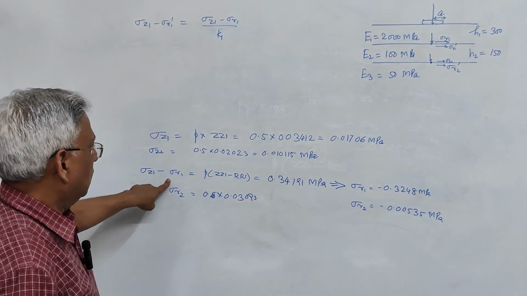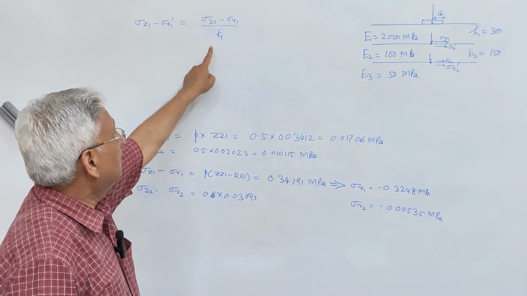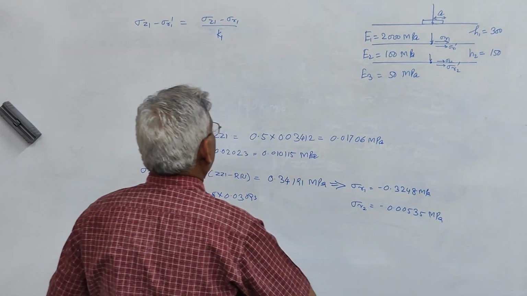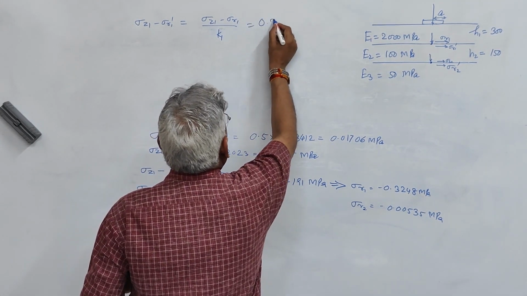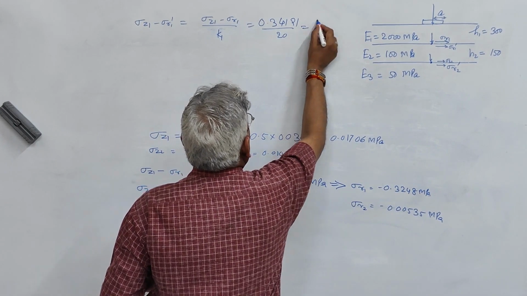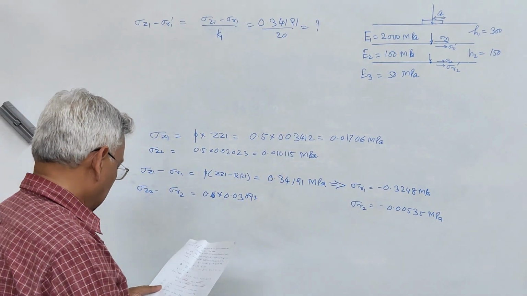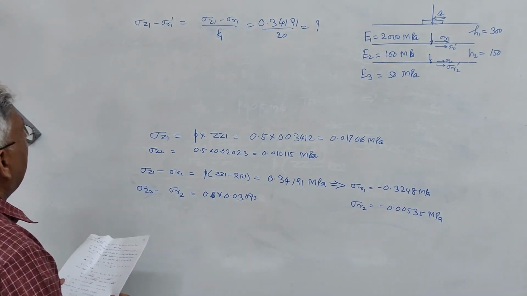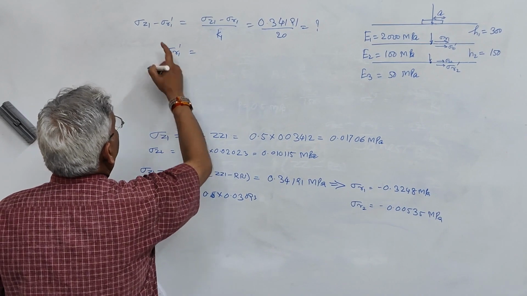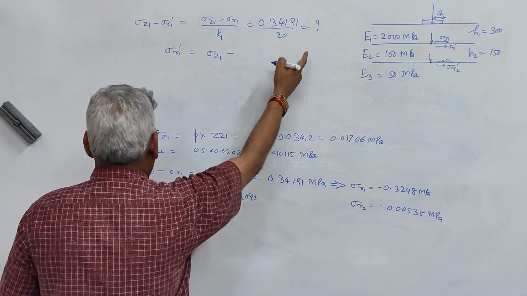Sigma Z1, sigma R1, you know, that is your 0.34191 MPa divided by K1. K1 is 20. So this will be 0.34191 divided by 20, whatever it is, 0.017096, and sigma R1 dash now is sigma Z1 minus this value.